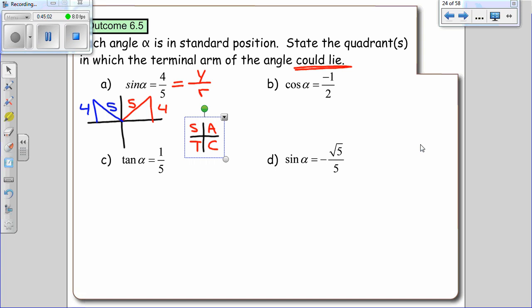So cos of alpha equals negative 1 over 2. That means cos equals x over r. What do we know about r? It's positive. It's always positive.